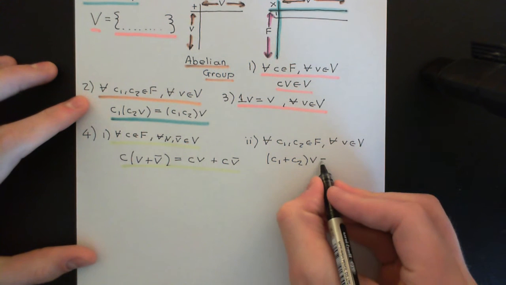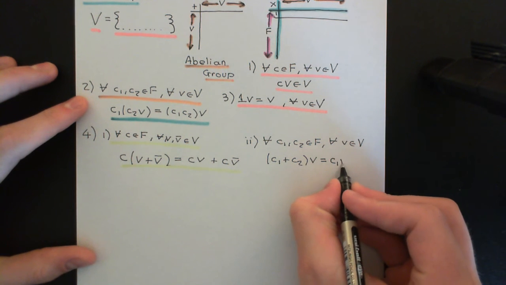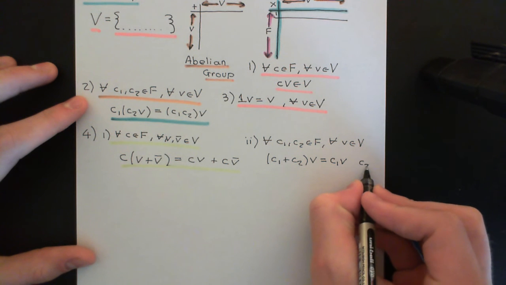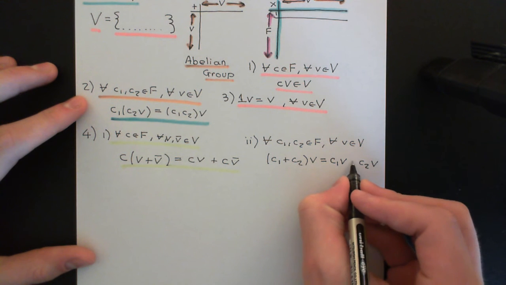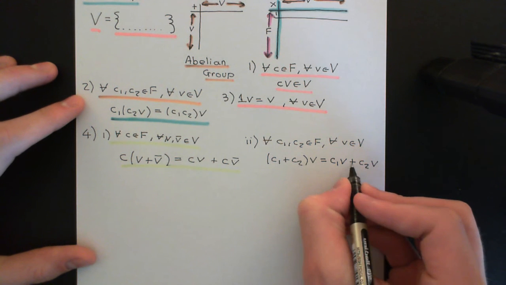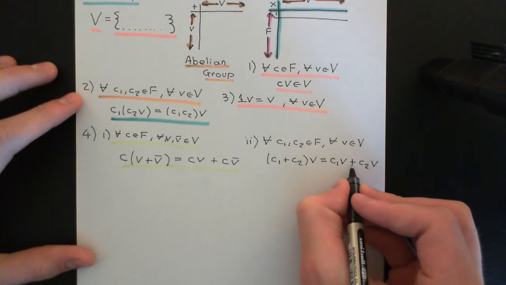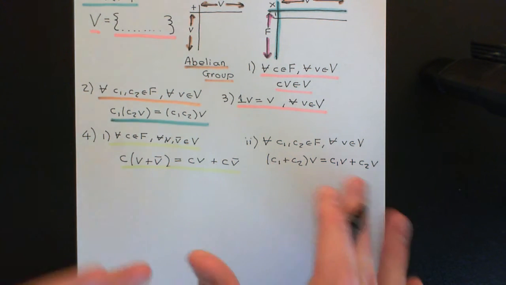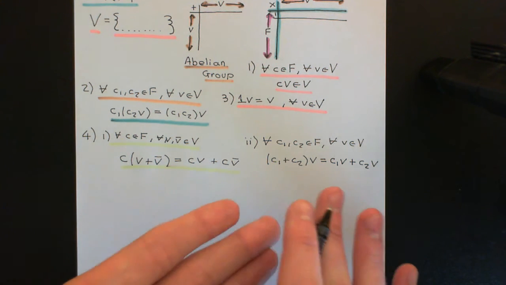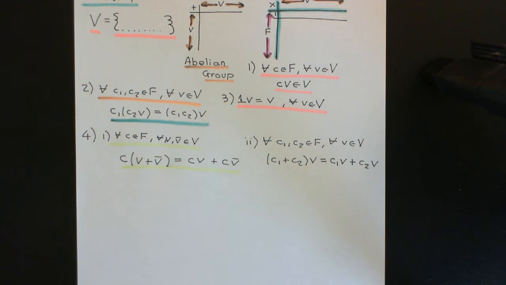This must be the same as if you firstly scalar multiply v by C1 and scalar multiply v by C2, and then add the two of them together in the vector addition law. So this is a nice interplay between the field algebra and the vector space, so they're very much linked when you have a vector space over the field F.